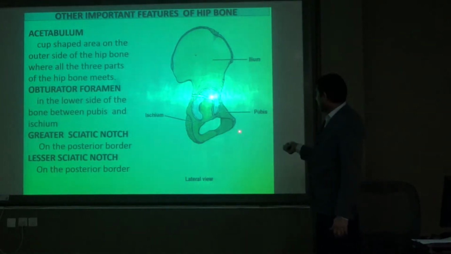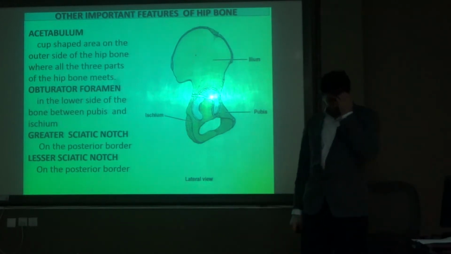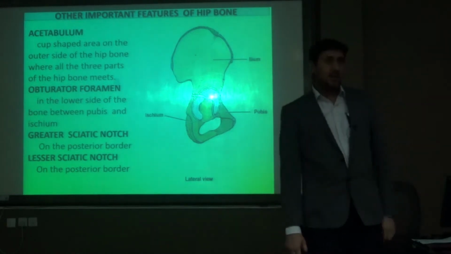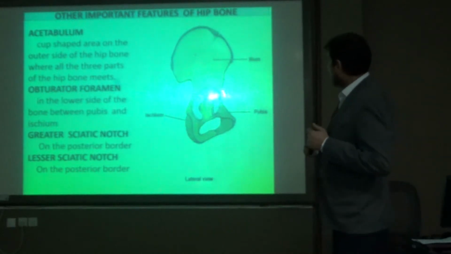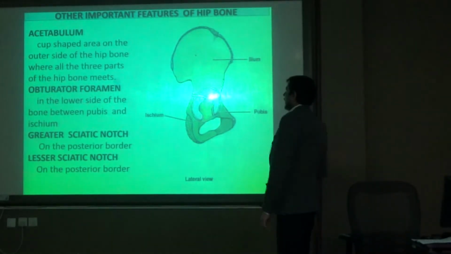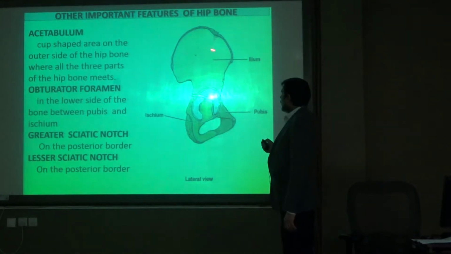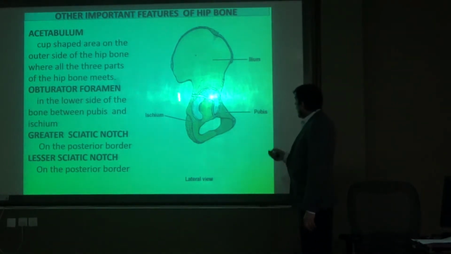This is the front because pubis is there. This is the back. So is this right or left? Think about your hip bone. So is this right or left? Right. This is the right. And okay, how many bones are combining and forming one bone? How many parts of the hip bone do we have? Ilium, pubis, ischium. And what are the different features you should know? What is this one? Acetabulum. What is this one?